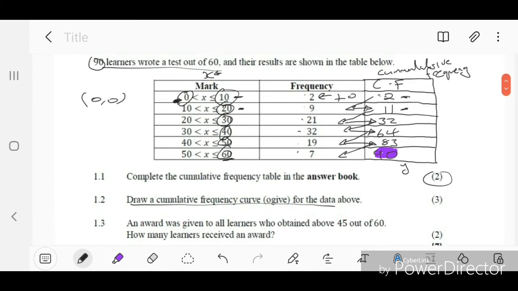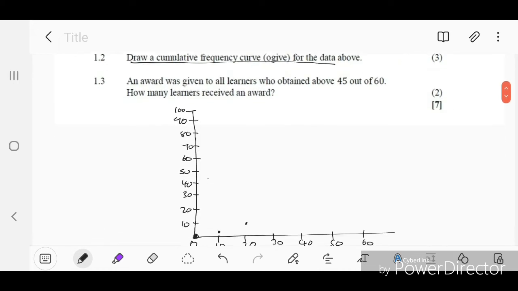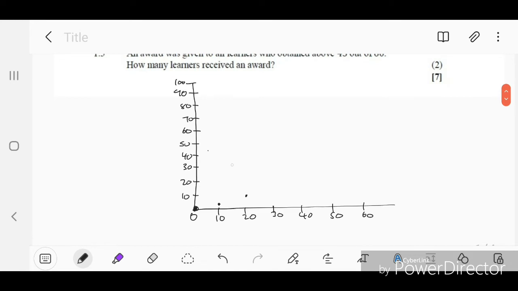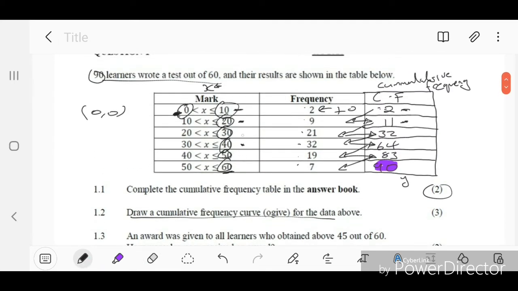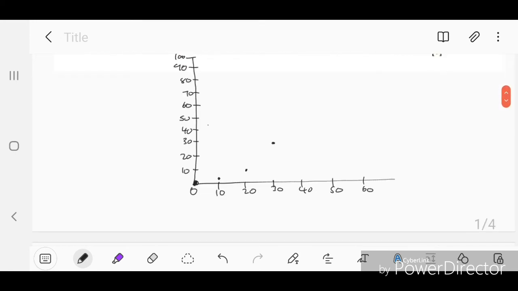And then 30 with a 32. So 32 somewhere here must meet up with a 30. Let me just erase that one. Yes, 32. And then 40 with a 64, so 64 can be somewhere there.